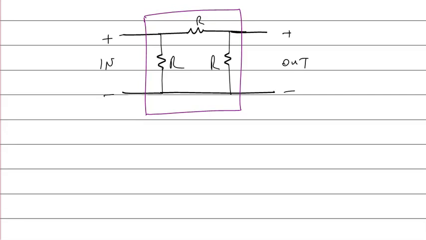Is this system linear or not? I know the components, all components are linear components, so it should be a linear system.